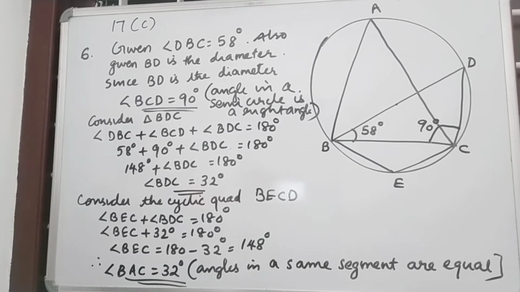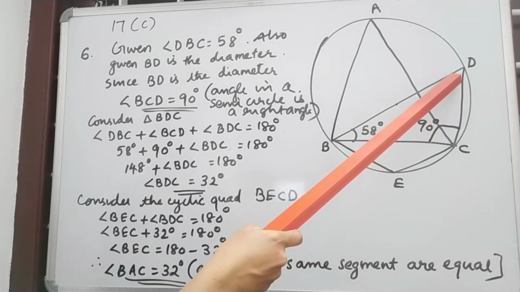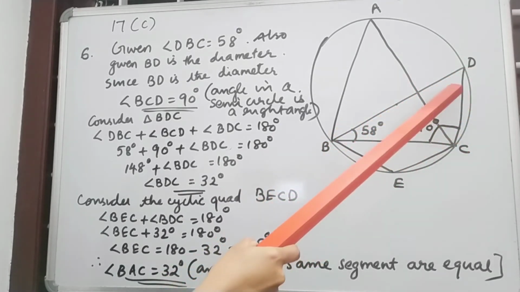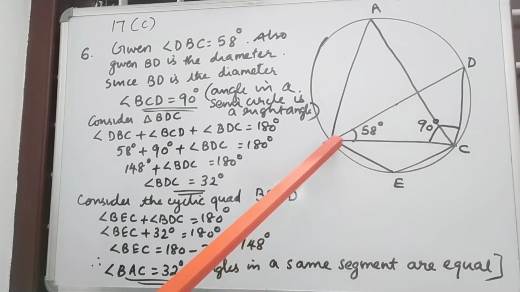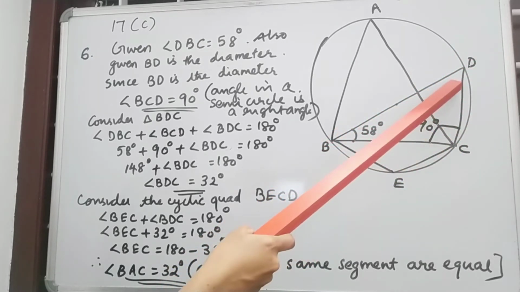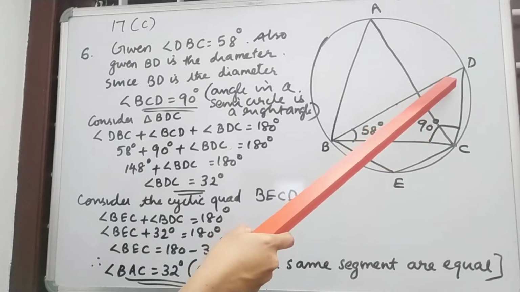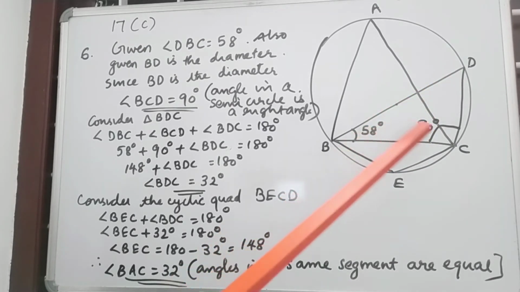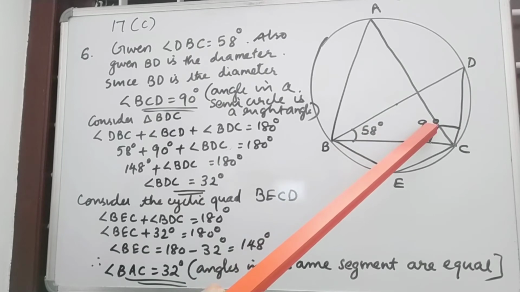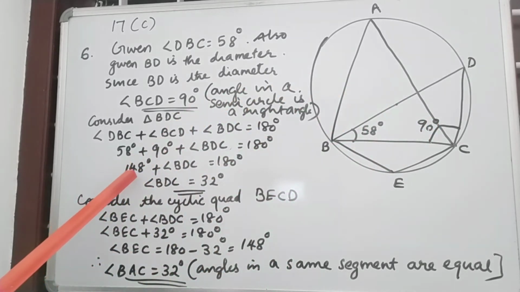Next consider triangle BDC. Since these two angles we got as 58 and 90 degree, second part is we want to find out BDC. Sum of angles of a triangle is 180 degree. So this angle will be 180 minus the sum of these two, that is 58 plus 90, which is 148.